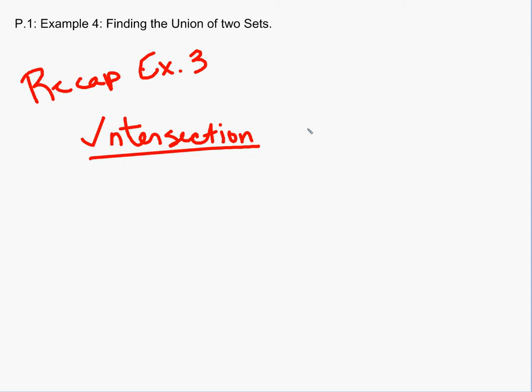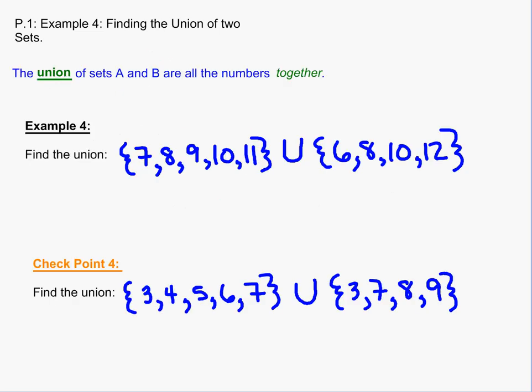And if you recall, the intersection symbol is an upside down U. I wanted to bring your attention back to that. And also, intersection means all the common numbers from the two sets. Okay, if you could keep that in mind, we'll now go to Example 4.